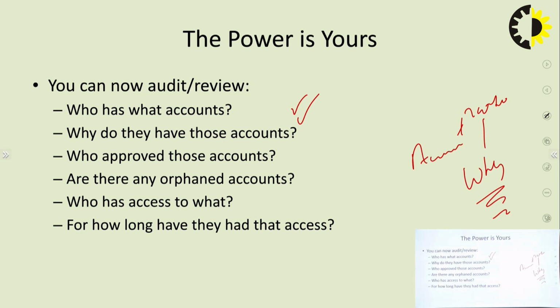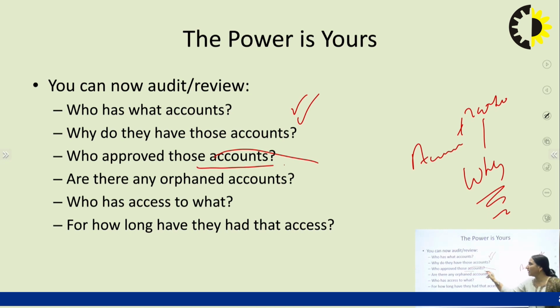And who is the one who has approved that particular account? It's not like a single person is having some sort of account. There should be other approvals that you need to get. And who is the one who is authorized to approve that particular account? Are there any orphaned accounts? If yes, then try to find out who has access to what.